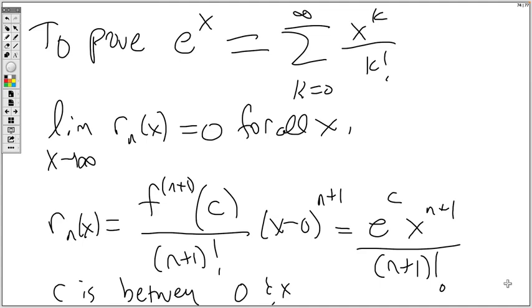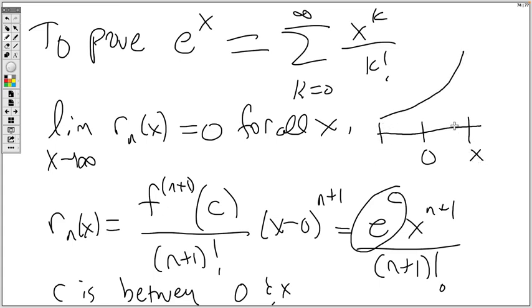Now, c is between 0 and x. So let's think about, if x is positive, we know the exponential function does this. You follow?